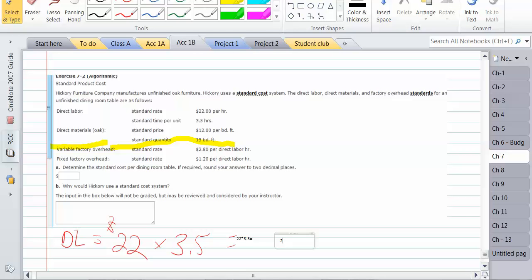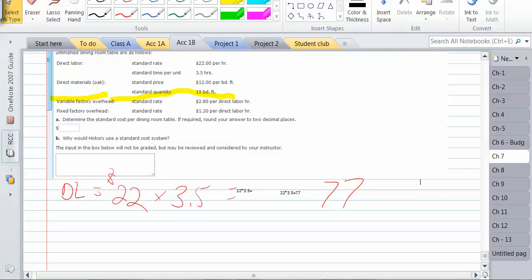My calculator is not working. $77, thank you. So our solution then would be $77 for the direct labor.